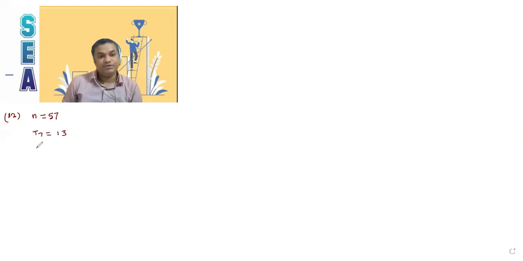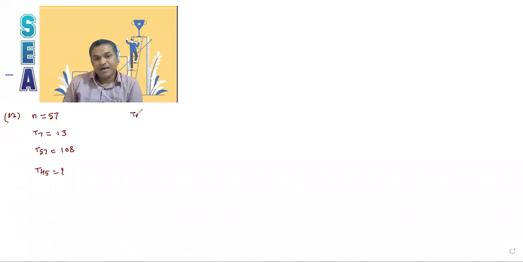And the last term, that is T57, is 108. They are saying n is equal to 57. Find the 45th term. So T45 is equal to question mark.